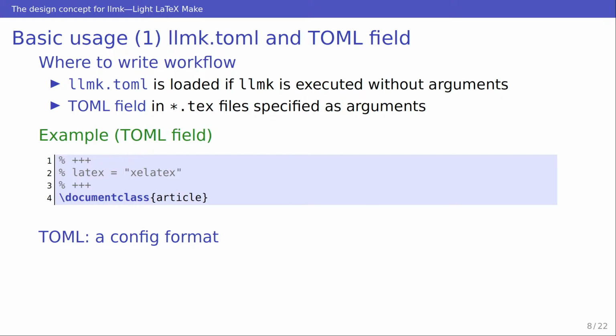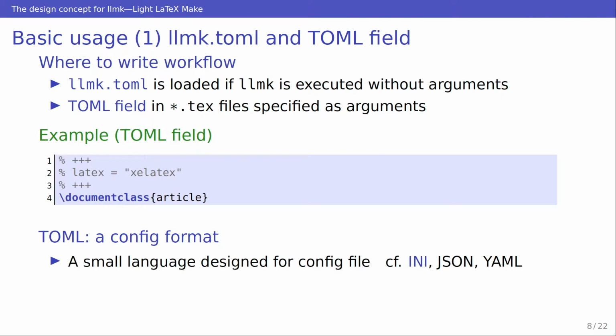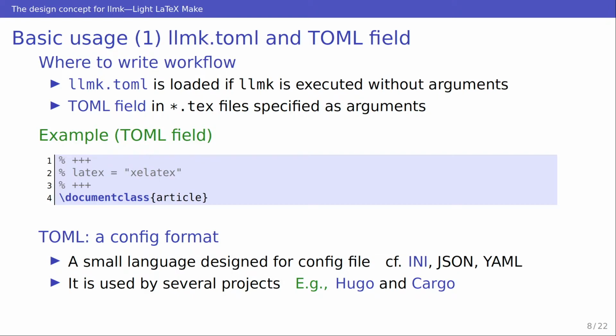As I showed, we use TOML as the format for writing configuration for llmk. This is a small language designed for configuration files. So it is similar to INI formats, JSON, YAML, and so on. It is actually already used by several projects, like the static site generator Hugo and Cargo, which is a build system for the programming language Rust. So it has been used for a while.